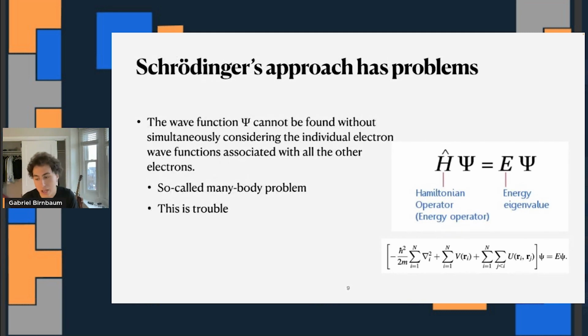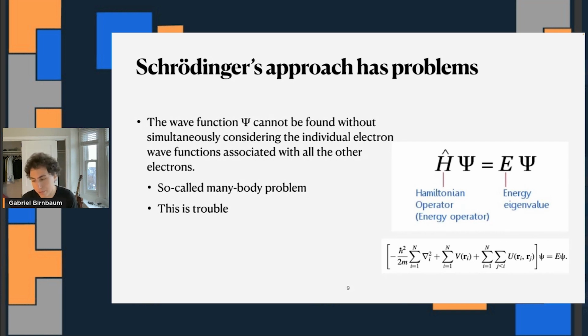But this approach has several problems. Here's psi, which cannot be found without simultaneously considering the individual electron wave functions associated with all the other electrons. So in other words, Schrödinger's equation is what is called a many-body problem, which is computationally troublesome. It's just an extremely difficult computational problem.